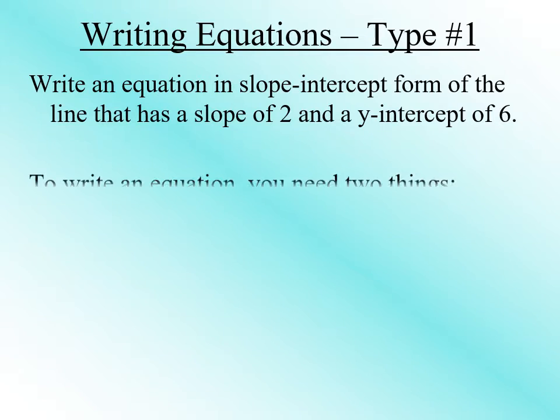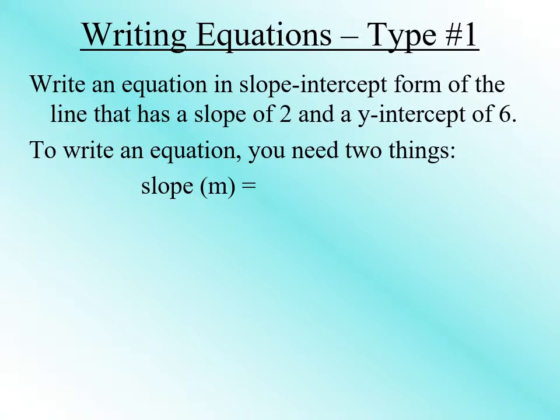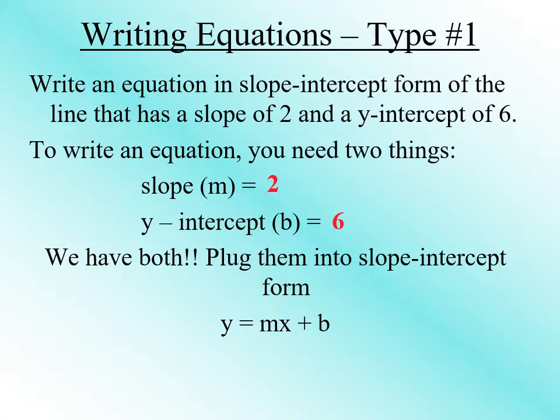Okay, so what's our slope? Right, we need two things, slope and intercept, and our slope is 2. Our intercept is 6. Therefore, we can go ahead and put it in the format y equals mx plus b and plug in the information.